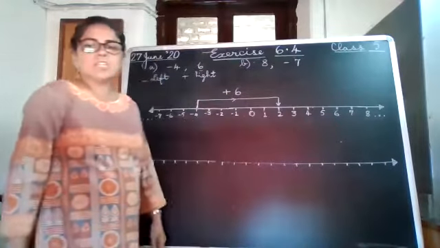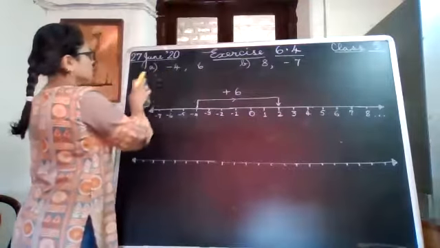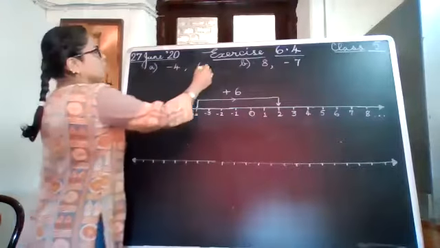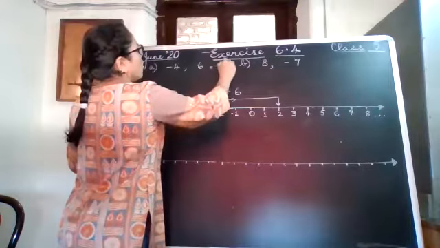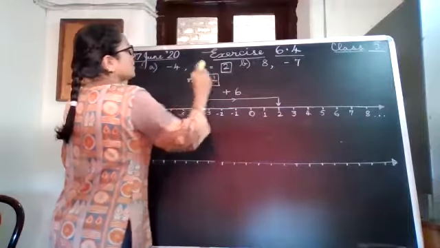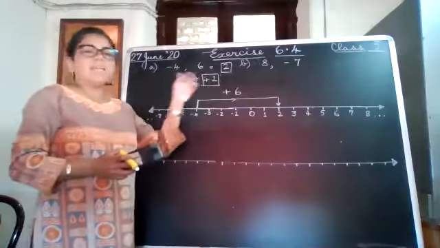And where did you reach? 2. Therefore, on the number line, when you added these two numbers, your final answer is 2. So whether you write 2 or whether you write plus 2, it is one and the same. Any number without a sign is plus.